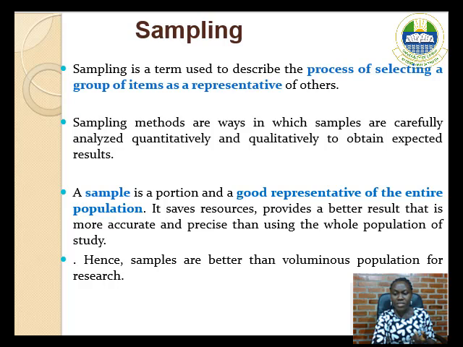It also provides a better result that is more accurate and precise than using the whole population of study. Hence, it is much more advisable using a sample size for study rather than using the whole voluminous population in our research work.